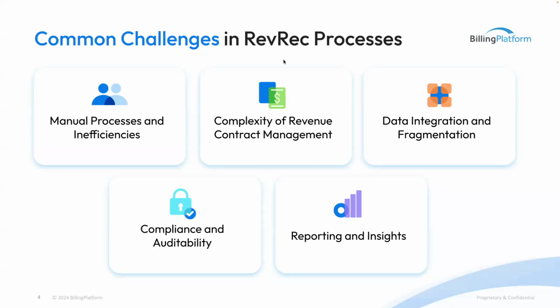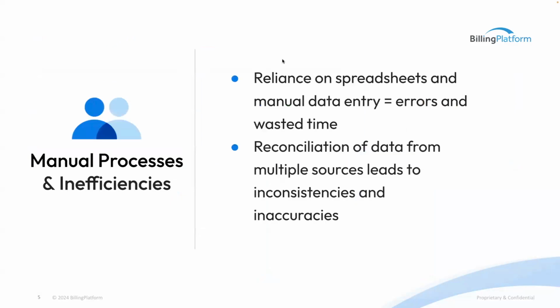So with that, let's hop into the specifics for some of these topics. As I mentioned, first is manual processes and inefficiencies. Historically there's been a reliance on spreadsheets and manual data entry. We've seen this drastically change in the market with companies modernizing their revenue management solutions and processes, but there's still, in many cases, a manual component somewhere in the life cycle.